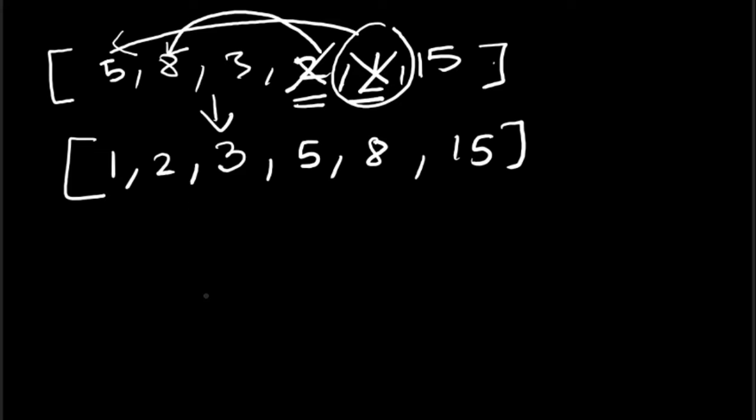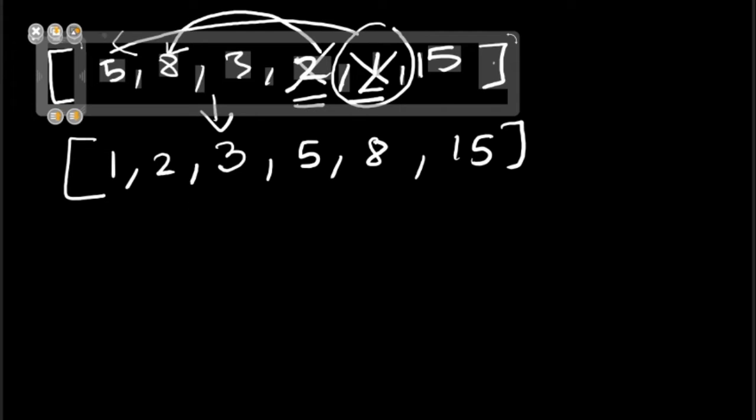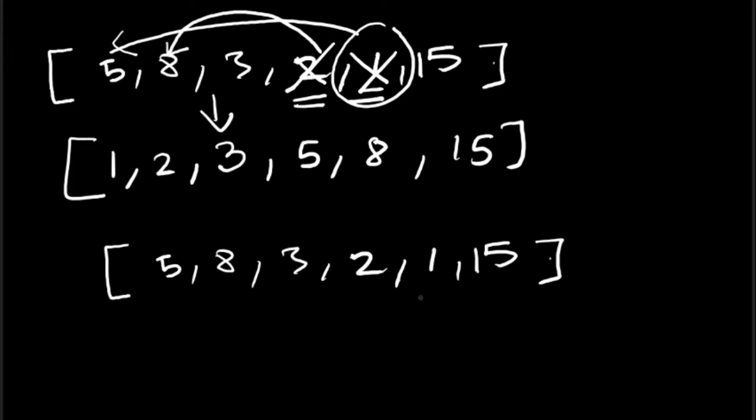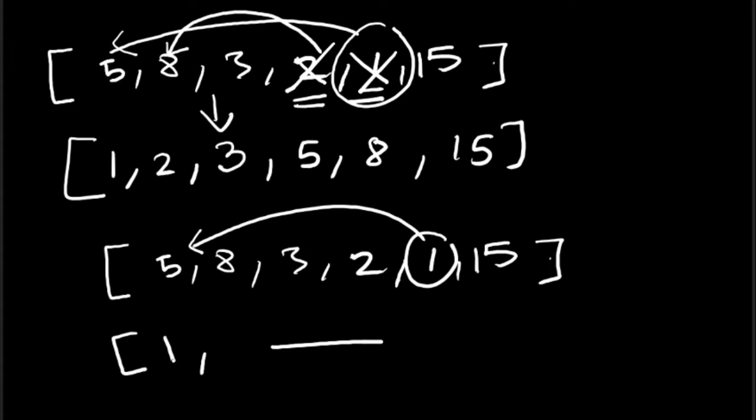For example, let's take the same example again and think how we can work on it using the previous approach. Here I can find the first minimum element, which is 1, and shift it to the first position. So now the list will become 1 and all the remaining elements. Now I can assume that this part of the list is in sorted order and the other part is in unsorted order.